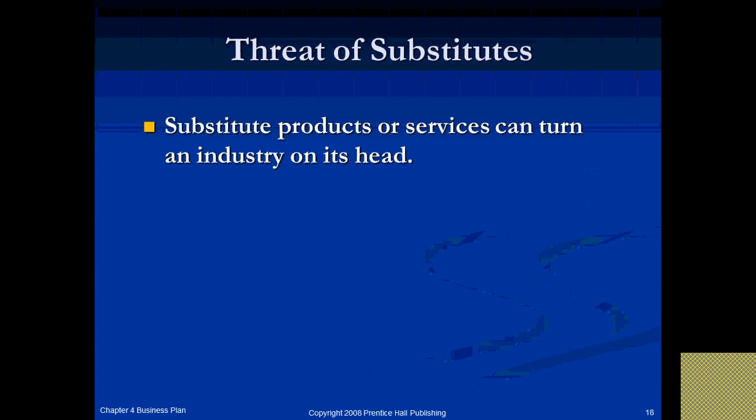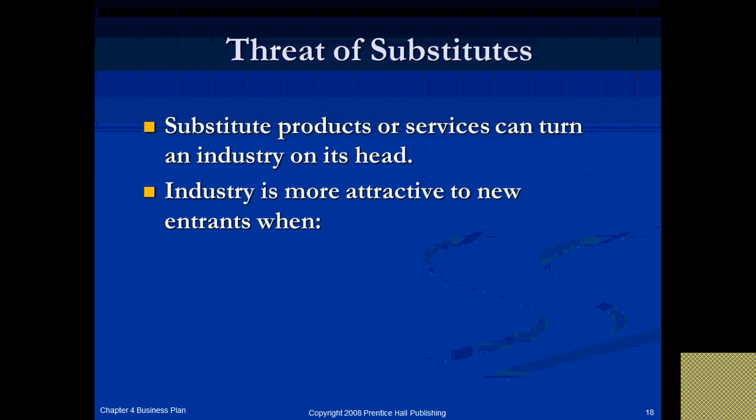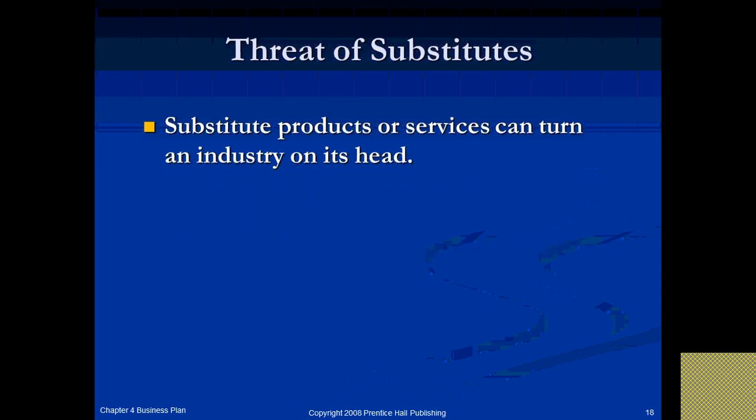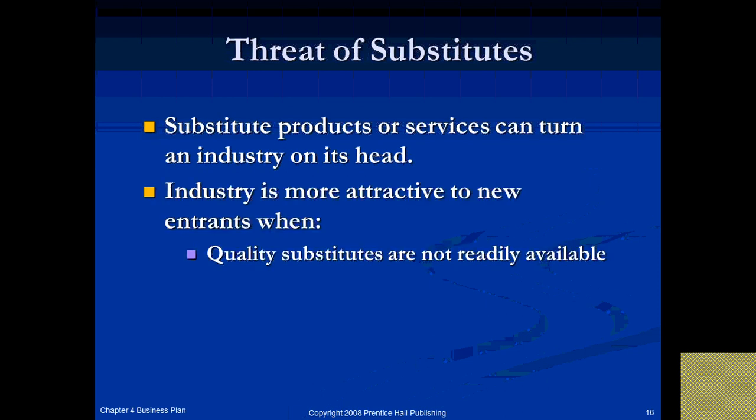Substitute products or services can turn an industry on its head. An industry is more attractive to new entrants when quality substitutes are not readily available. Because as the entrepreneur selling a product, you want to ensure that there is no substitute for your product. But if you recall, we looked at substitutes before.